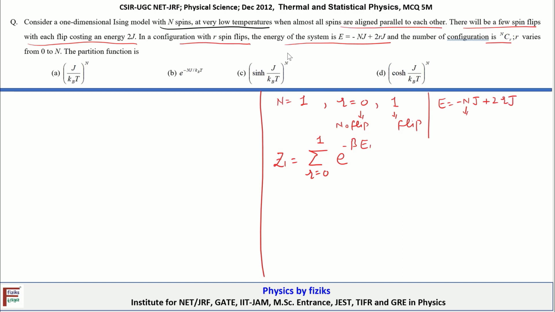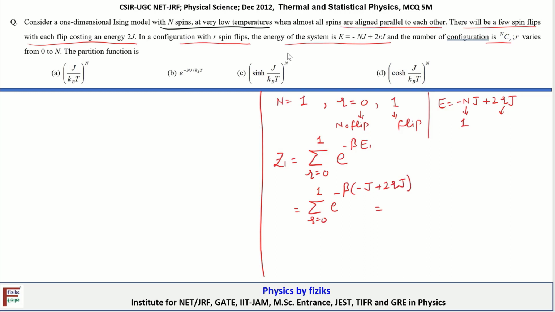Because we are taking n equal to 1 here, we will assign the value to R from 0 to 1, because we are only taking one single spin. So the partition function for this situation will be the sum over R from 0 to 1 of exponential minus beta times minus j, because n is equal to 1 here, plus 2Rj.